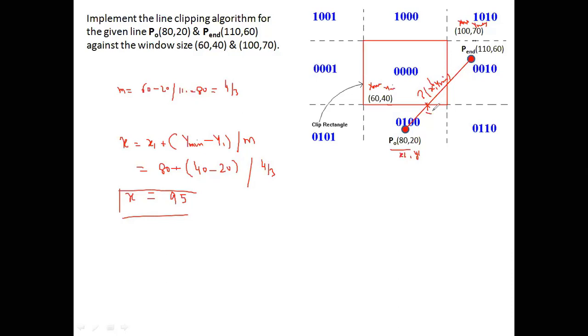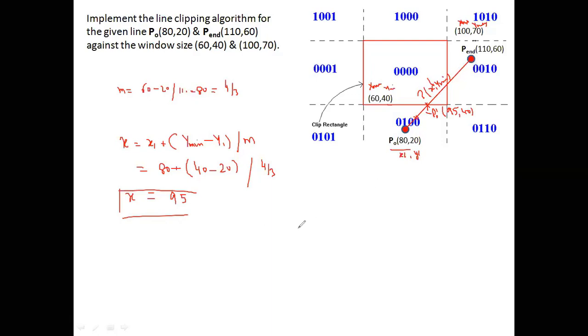Let's say we call it P0 dash, then x value has arrived as 95, and y min we know because it is lying on this edge. So across this edge it is clipped. So y min is 40. So this line will be clipped, and you are remaining with this point P0.